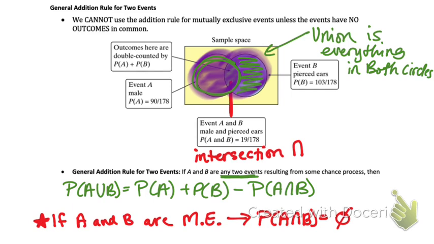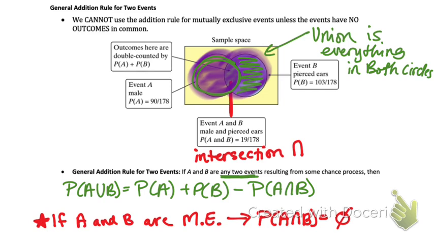Yep. When two things are mutually exclusive, they have no overlap. So I don't have to worry about that part, and I can just add their two probabilities. But if they're not mutually exclusive, I have to take care of that overlap. Cool? Cool.